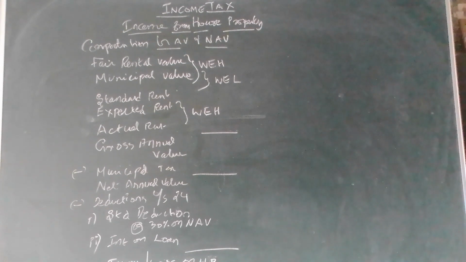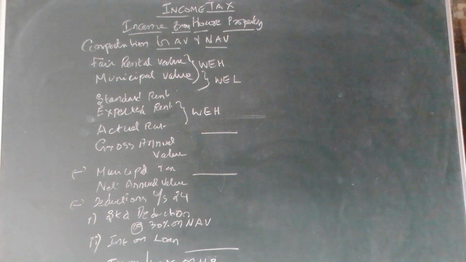It is taken in two ways. Two categories we have in interest on loan. One is called pre-construction interest. Another one is post-construction interest. Basically you are all well aware that once the property is constructed, only after the completion of the construction can we derive income, that is, we can let out the property.